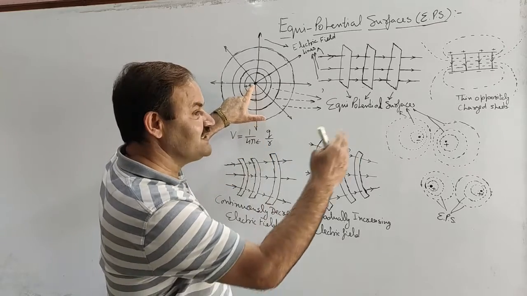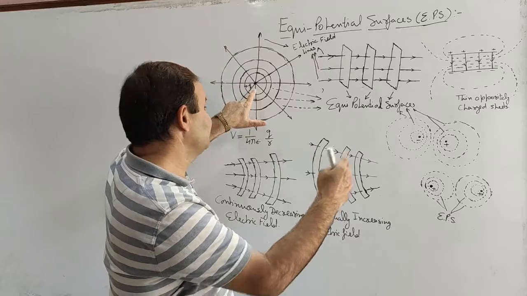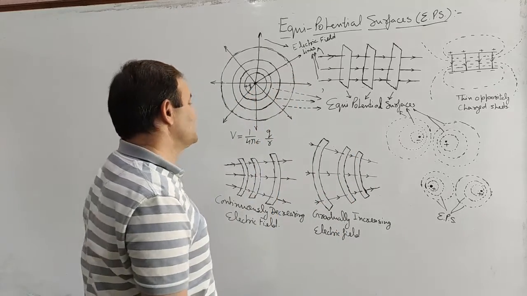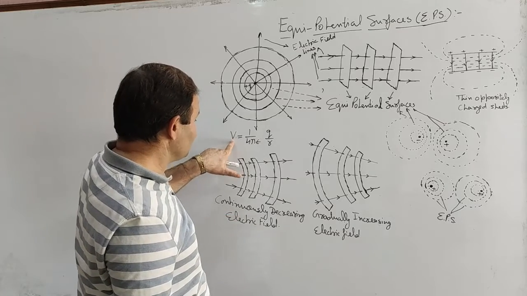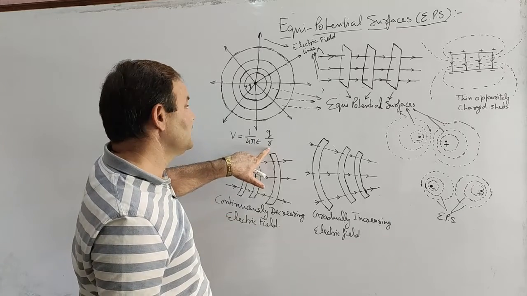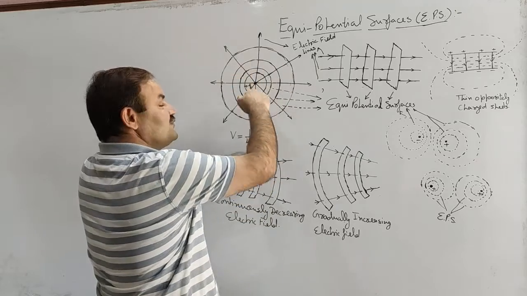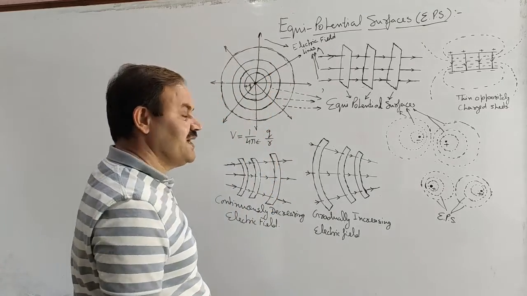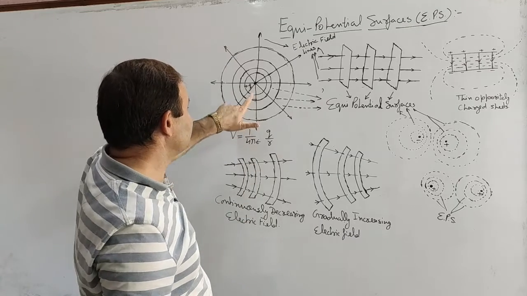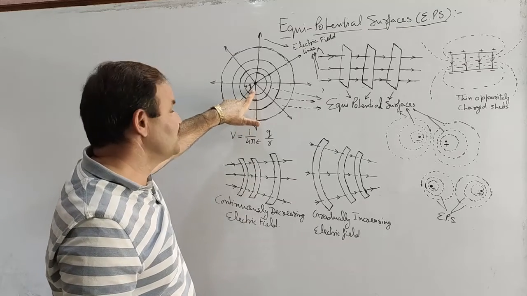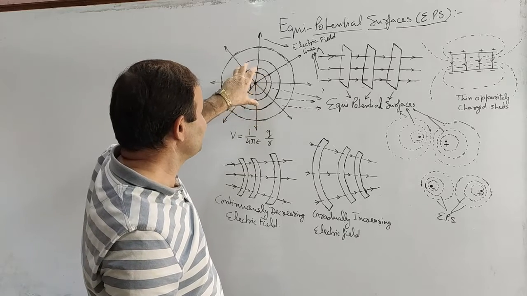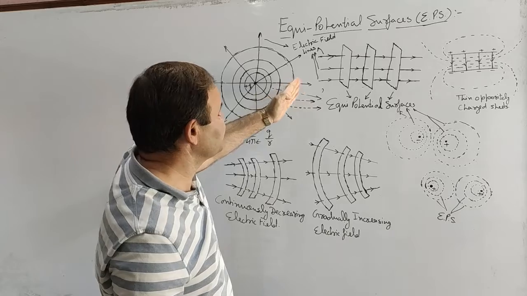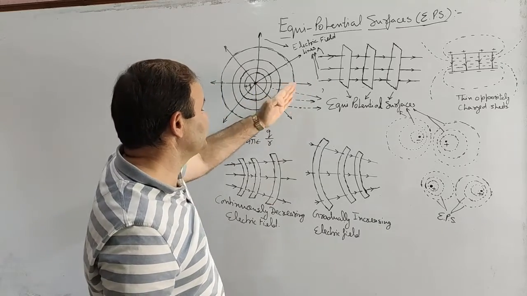Hence, as electric field from charge will decrease, the separation between equipotential surfaces will increase, and potential being inversely proportional to R, the points of same electric potential will lie on a spherical shell around the charge. Hence, equipotential surfaces due to a point charge will be concentric spherical shells, with separation between the shells gradually increasing because of decreasing electric field.